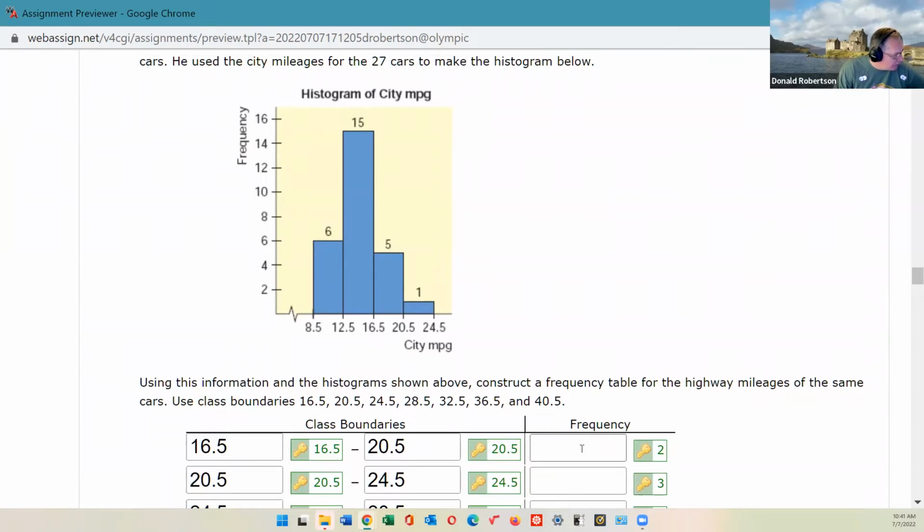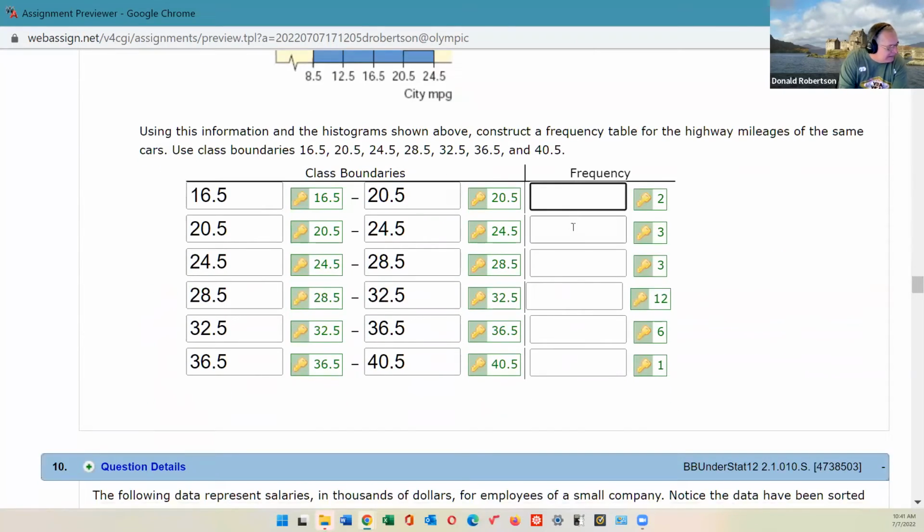Anyone got any idea how that's 2? How did this table, this histogram, get me 2 when you start here and you finish there? I'm not wasting any more time. There's something weird going on.